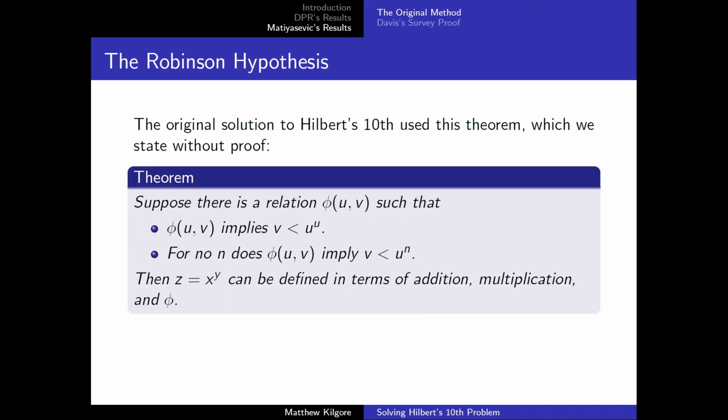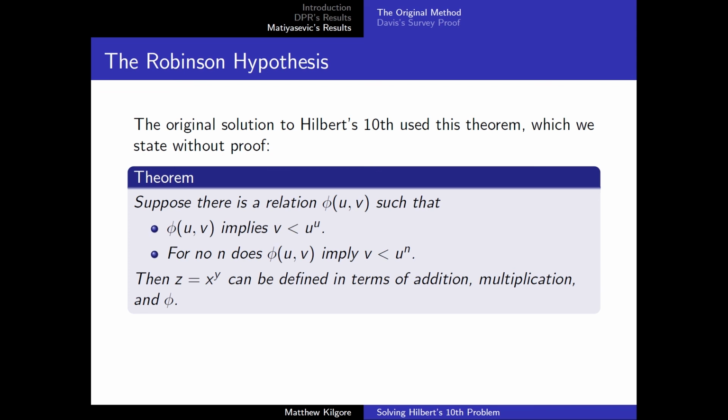It states that if there is a relation phi(u,v) such that phi(u,v) implies v is less than u to the u. Now, I should note the original states u to the u to the u to the u and so on, n times for some n, but we only need n equals 1 here. But if it satisfies that, and also satisfies that for no n does phi(u,v) imply v less than u to the n.